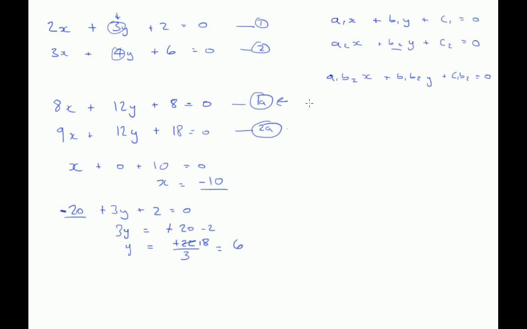And similarly, that's that equation here. And then for this equation we multiplied these coefficients by our b1, so we ended up with a2b1x plus b2b1y plus c2b1 is equal to 0 times b1, if you like, or 0.